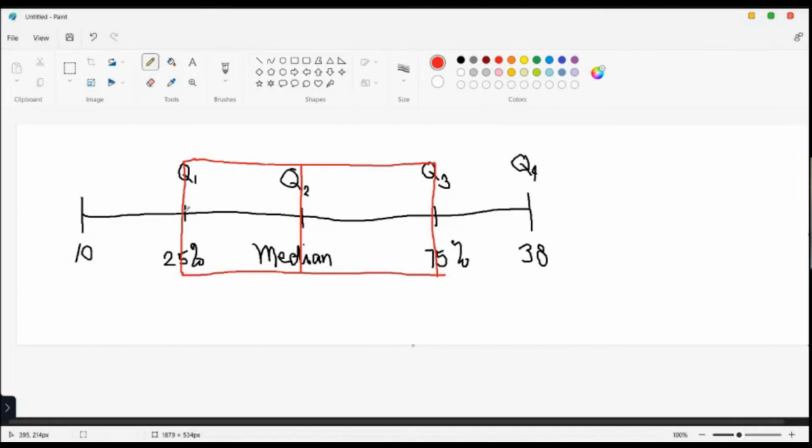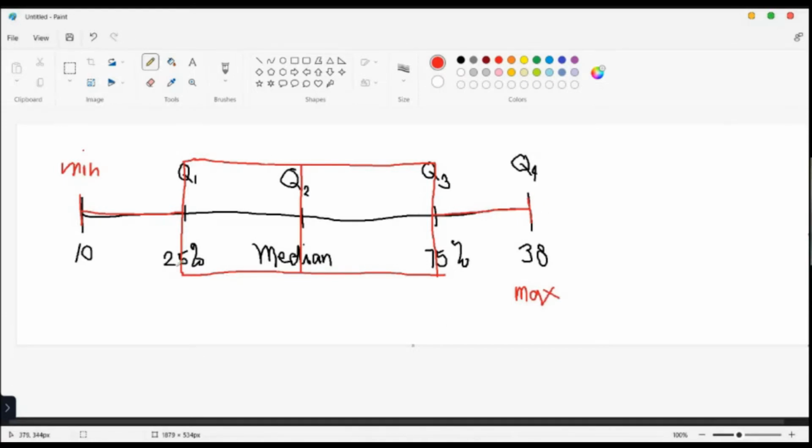And then we have the left whisker. The end of that left whisker is actually your minimum value, the lowest value. And the right end of your right whisker is your maximum value, or also known as the fourth quartile.